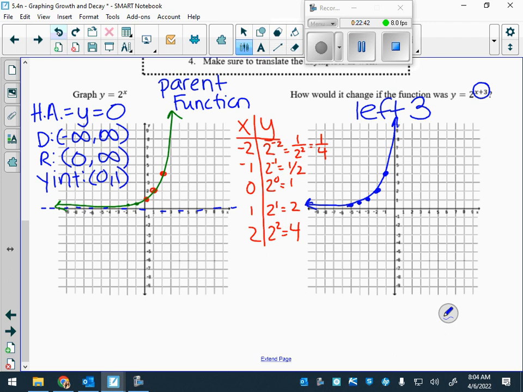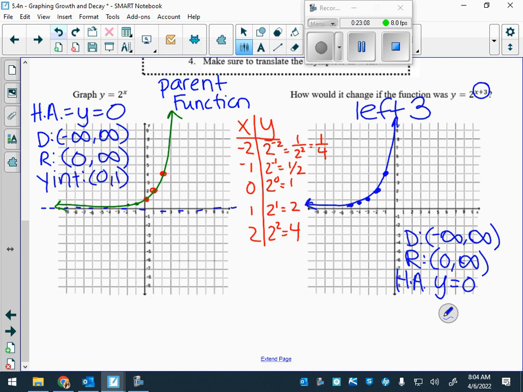Your domain stays the same. What else stays the same? The range stays the same. What else stays the same? The horizontal asymptote, which is y equals 0.